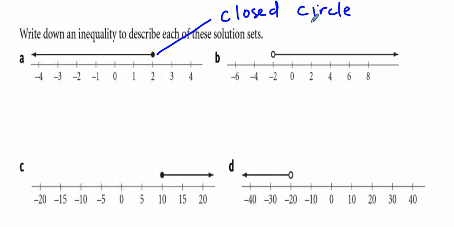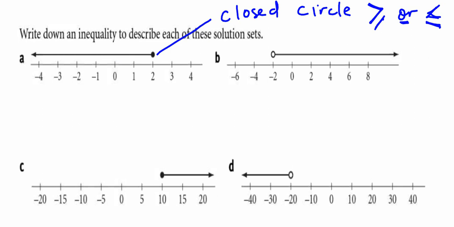Now, this closed circle implies these two mathematical symbols, greater than or equal to, or less than or equal to. So we have already figured out that our inequality will take use of either greater than or equal to, or less than or equal to.